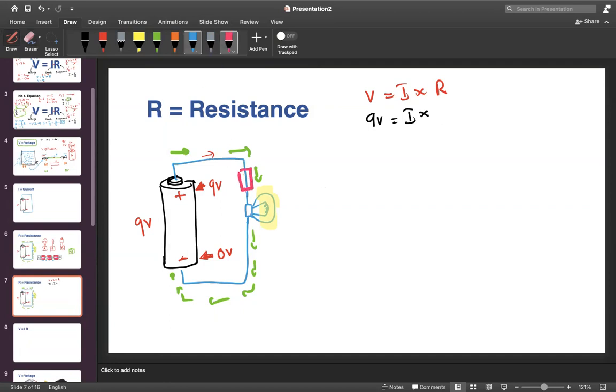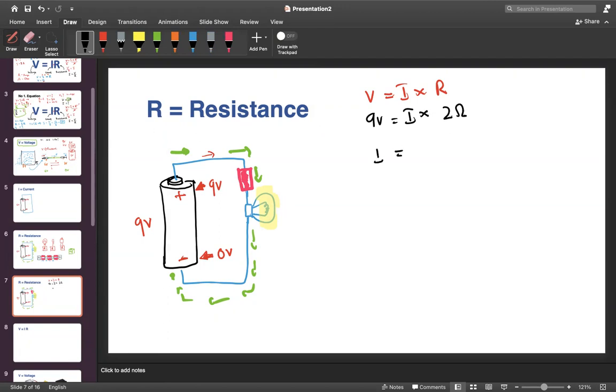I put a small resistor here. So therefore the resistance I know, right? Let me say that this resistor that I know is, let's say, 2 ohms.